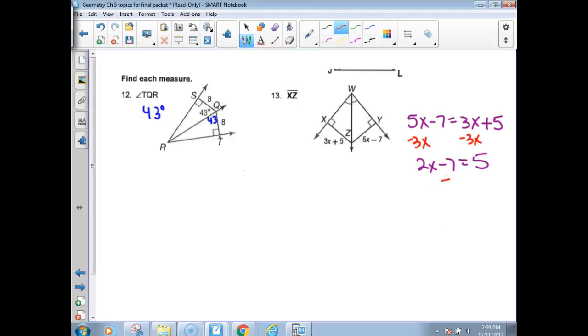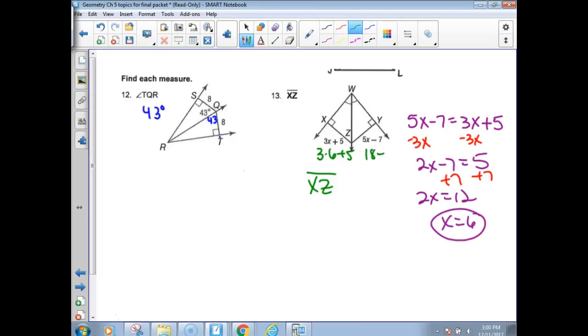Add 7. 2 times x is 12, and then divide, and we get x is 6. But it didn't just ask for x. It asked for XZ. Segment XZ would be 3 times 6 plus 5, which is 18 plus 5, and that's 23.